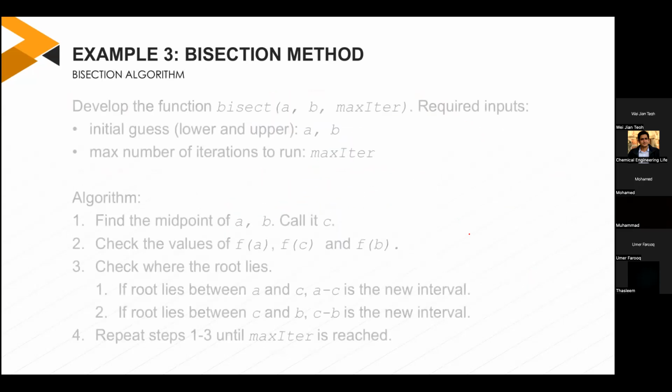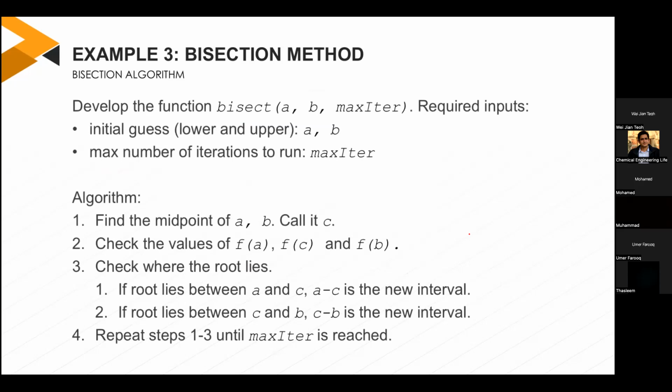And if I were to use paper, I would have to do all these steps myself. I have to find the midpoint, calculate the values at the midpoint and the upper and lower values, check where the root lies, and then repeat 1 to 3 until the maximum number of iterations is reached. So I have to do that again, and again.